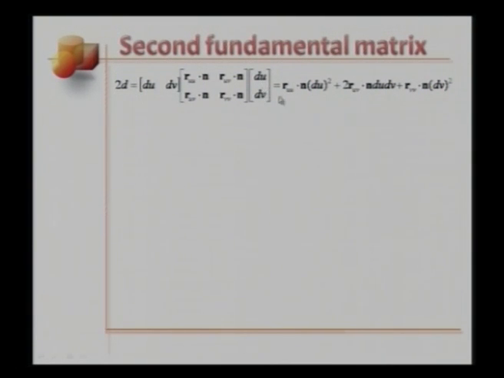In algebraic form, this is r uu dotted with n du squared plus 2 r uv dotted with n du dv plus r vv dotted with n dv squared.